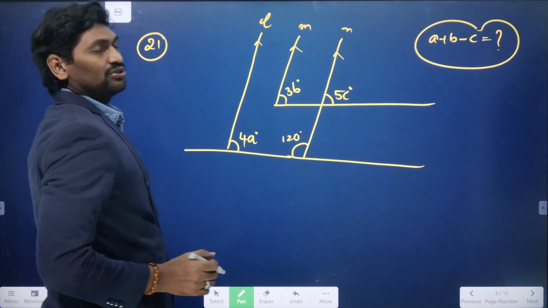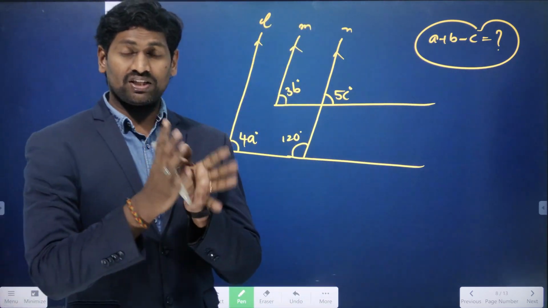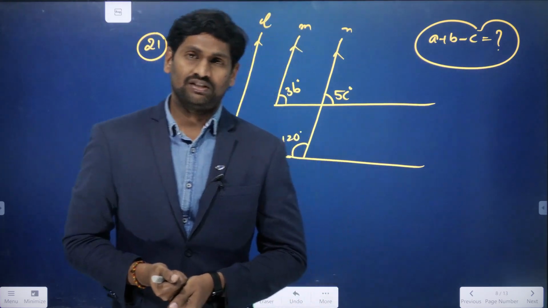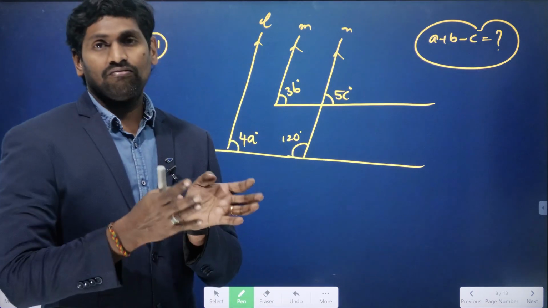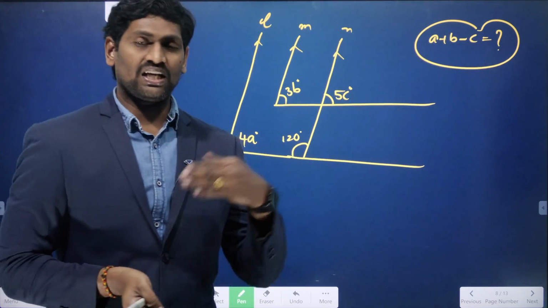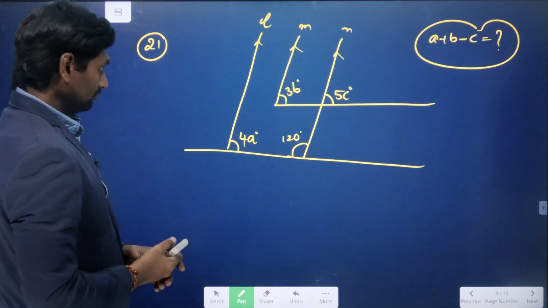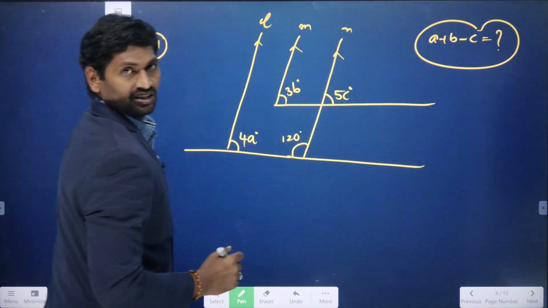So the first point to identify: whenever the parallel lines concept is given, we need to check what the transversal is and where the corresponding angles, alternate angles and co-interior angles are. Check first. L and M are parallel, M and N are parallel.